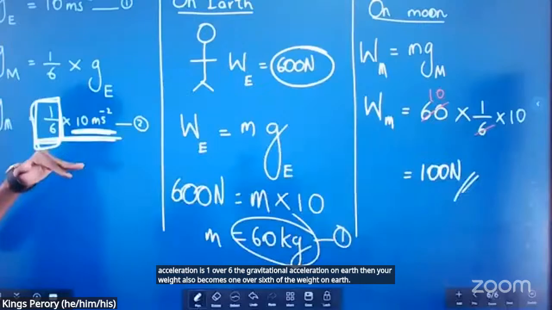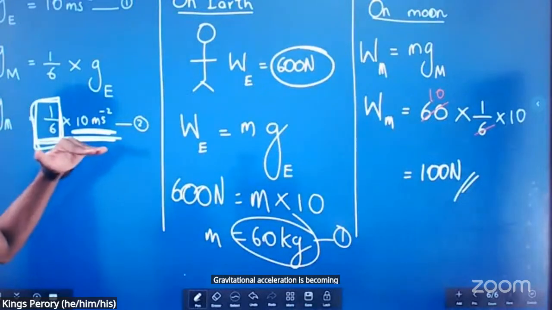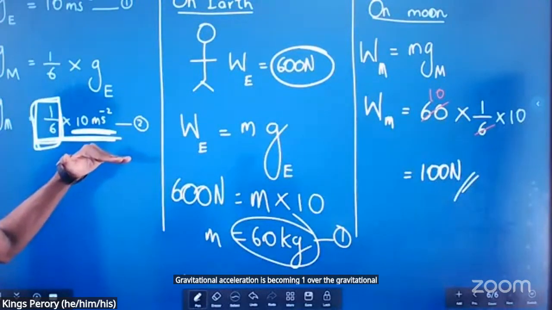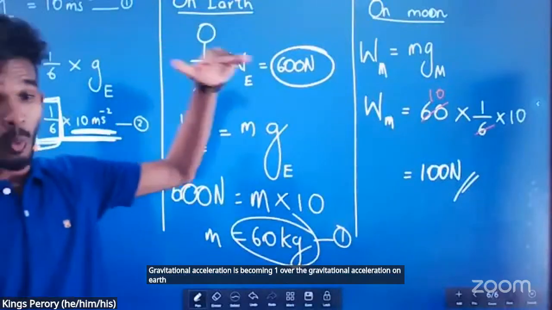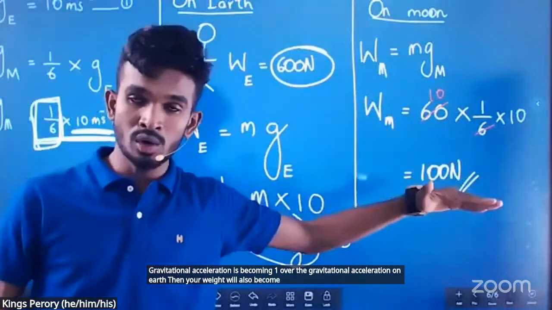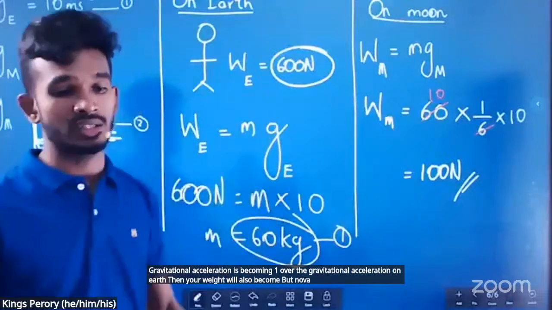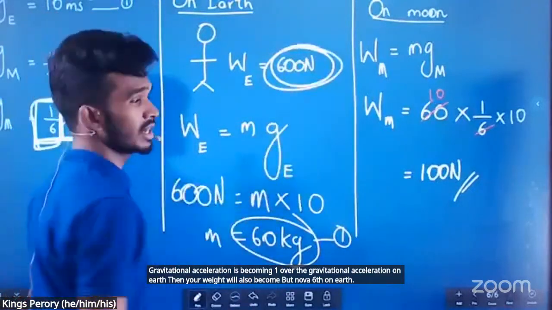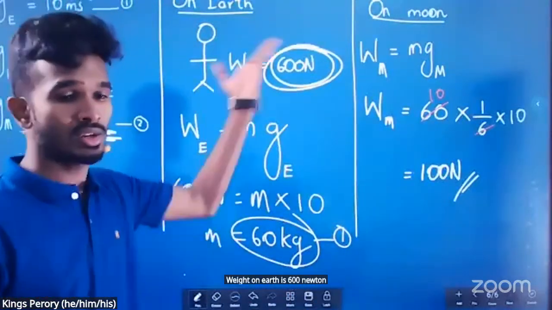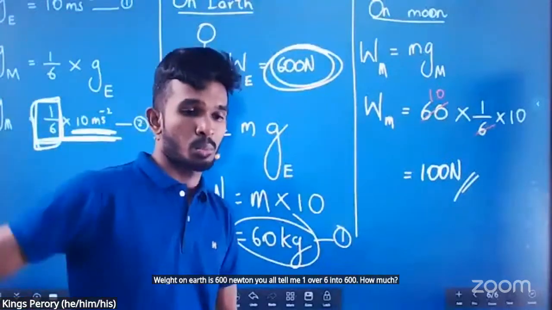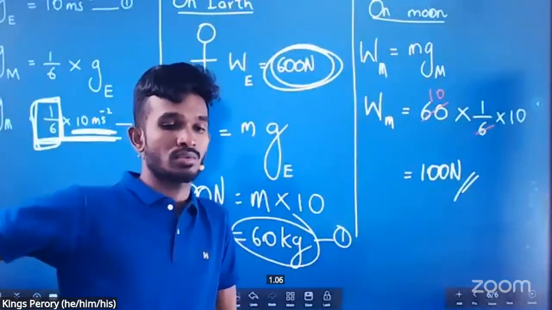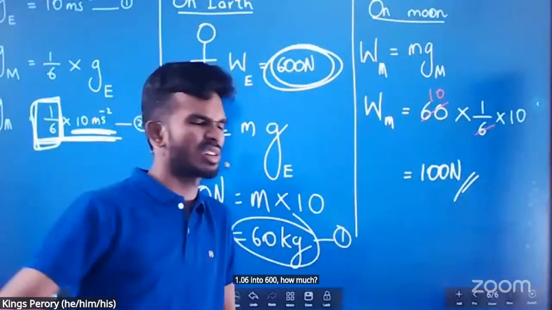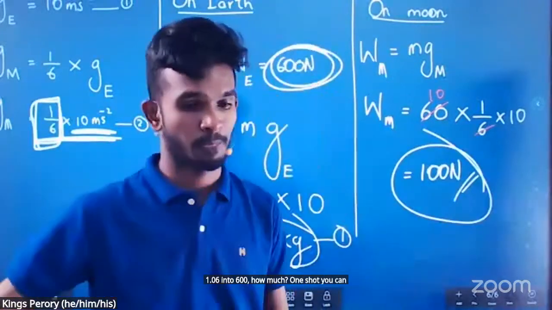Weight on Earth is 600 Newton. Tell me, 1/6 into 600, how much? 100. One shot you can get the answer.